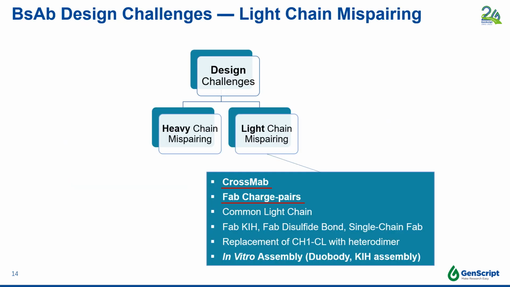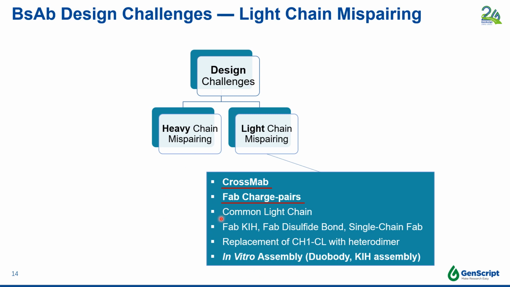Now let's move on to light chain mispairing. There are many designs: cross-map, Fab charge pairs, common light chain, Fab knob-in-hole, Fab disulfide bonds, single-chain Fab, and replacement of CH1/CL with heterodimer and knob-in-hole design.